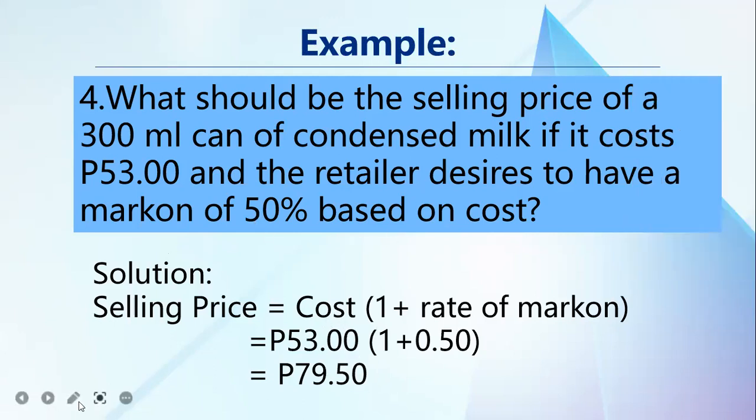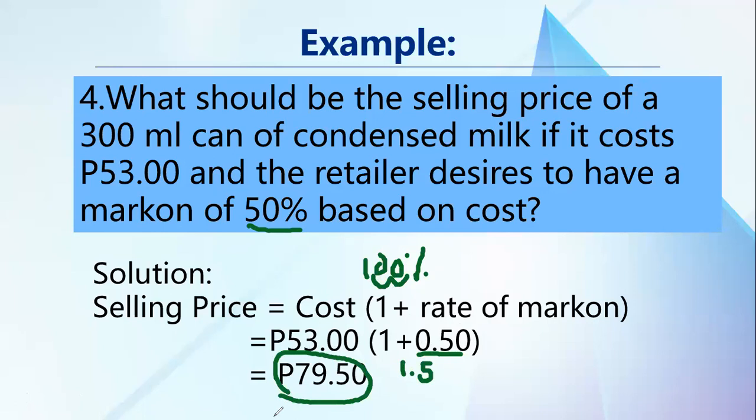You can use this formula: cost times 1 plus rate of mark-on. The 1 is equivalent to 100%, so you convert it to a decimal by moving two places, so it becomes 1. Then the rate of mark-on, which is 50% or 0.50. Then 1 plus 0.50 is 1.5. Multiplied by 53, your selling price is 79.50.